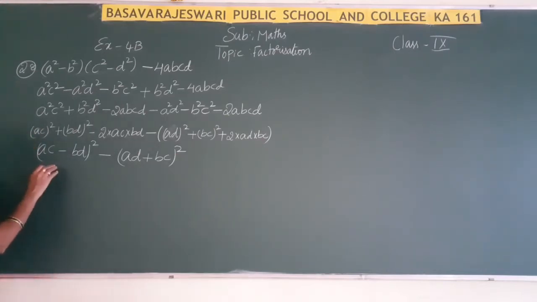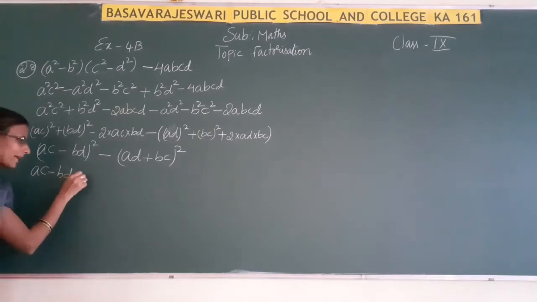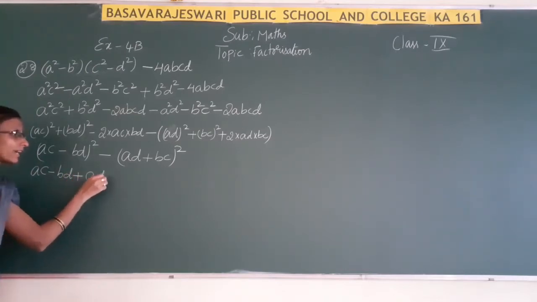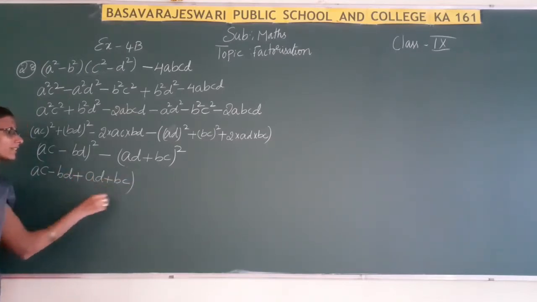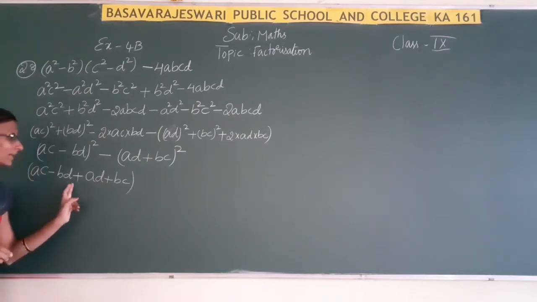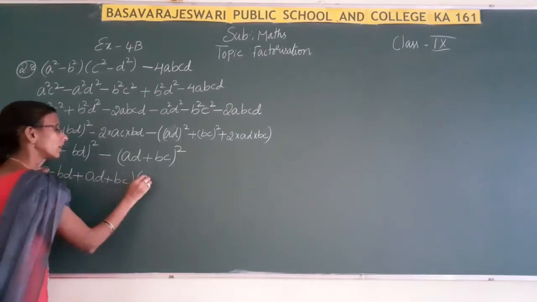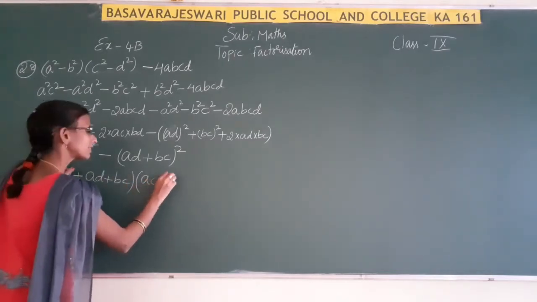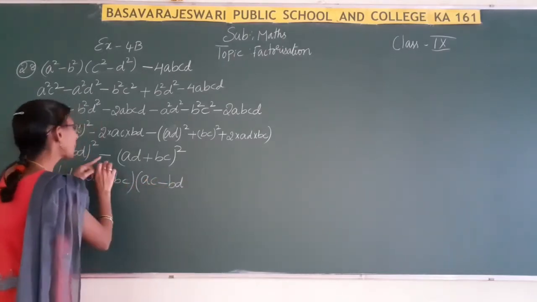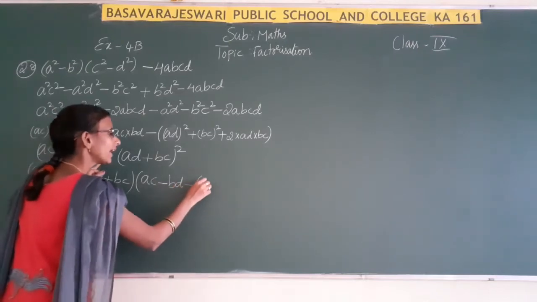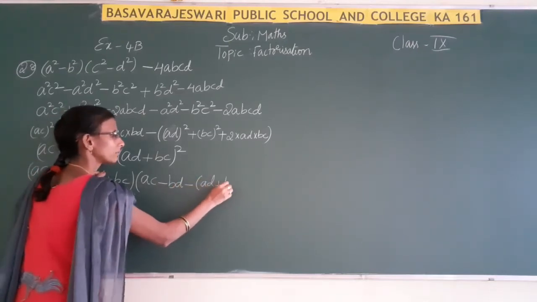First I am writing A plus B: A is ac minus bd, plus ad plus bc. Now I am writing A minus B: ac minus bd minus ad plus bc.